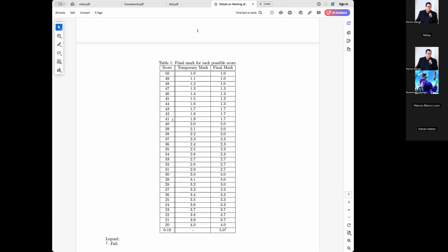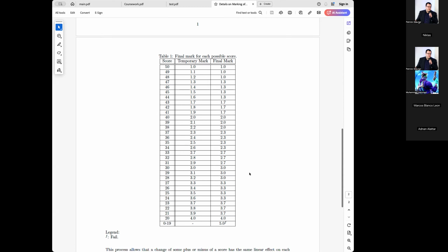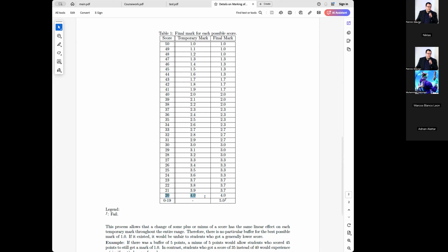So for example, if you score 40 points in the exam and you don't have a bonus, this is a 2.0. If you have the exam bonus, you have 45 points, and 45 points is 1.5, which gets rounded to your advantage to a 1.3. How many points do you need to pass? 20 points.